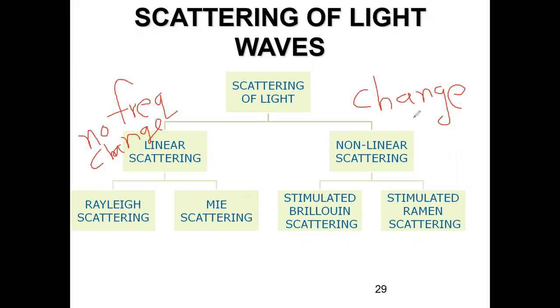If I'm transmitting a sine wave, I expect to get a sine wave at the output. In normal communication there should be no change in the frequency unless we actually want it. If I want to change frequency, I modulate it, demodulate it, and do all those things. But in normal communication, I don't want a change in frequency.